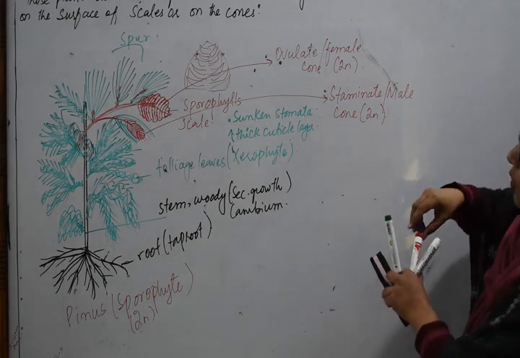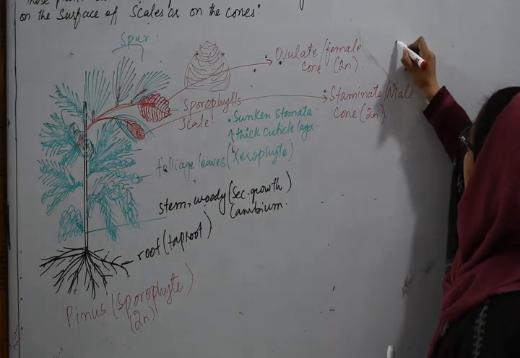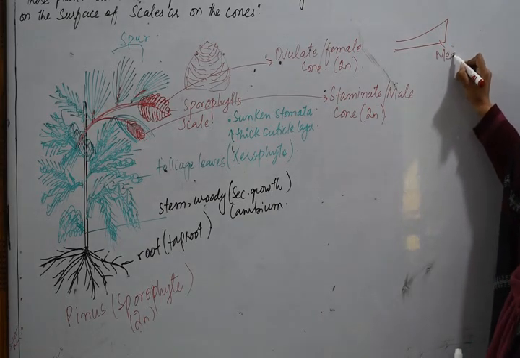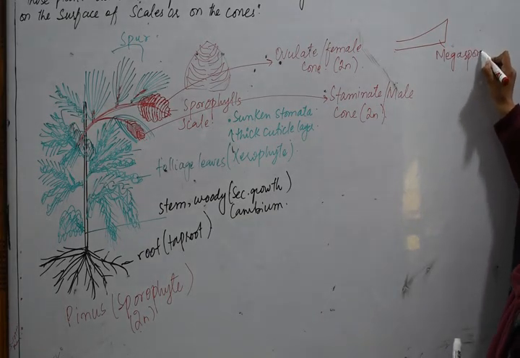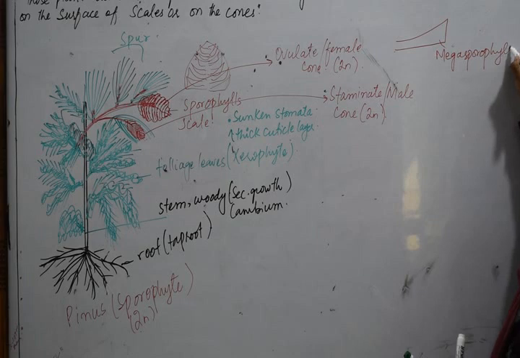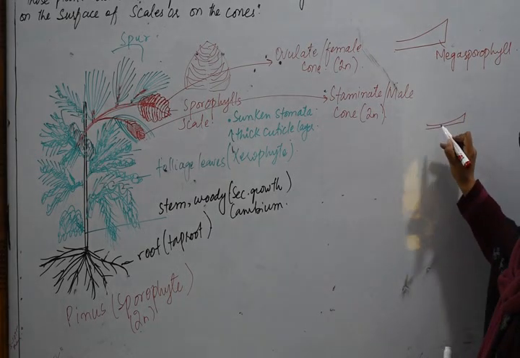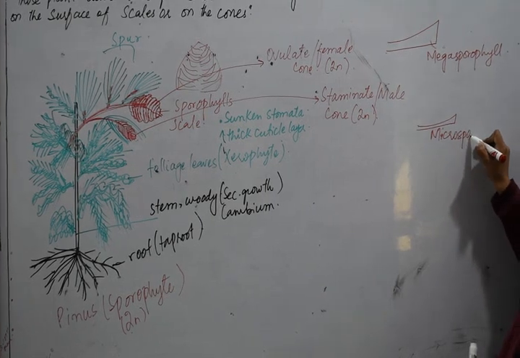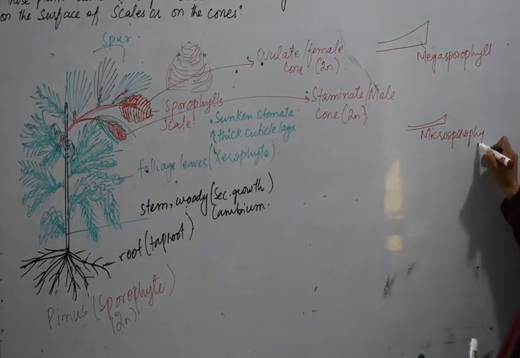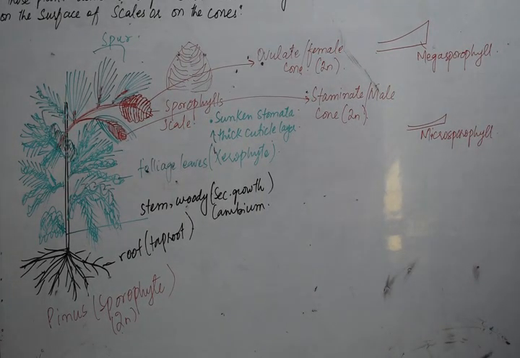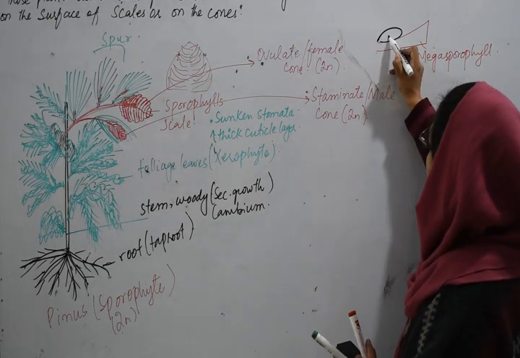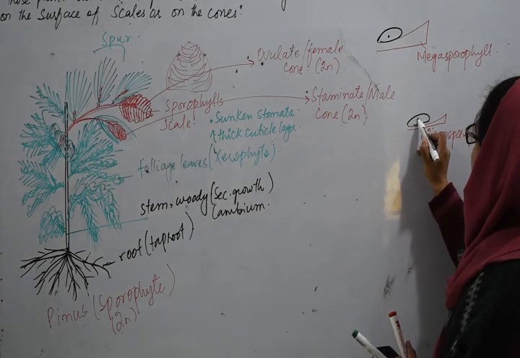So inside the ovulate cone we have a megasporophyll, and inside the male cone we have a smaller leaf that is called a microsporophyll. These sporophylls are actually scale leaves, and these mega- and microsporophylls contain megasporangia and microsporangia as well.